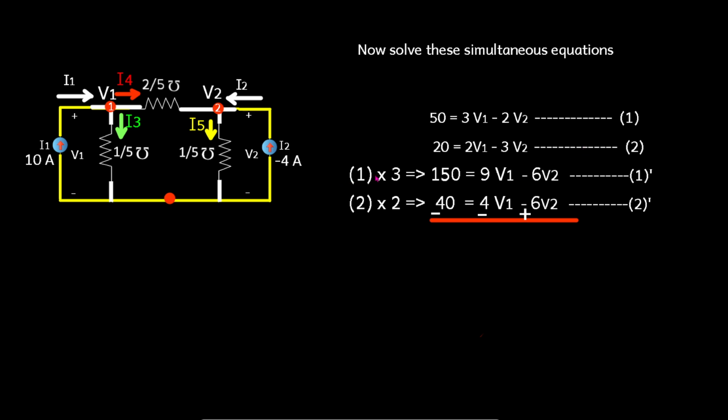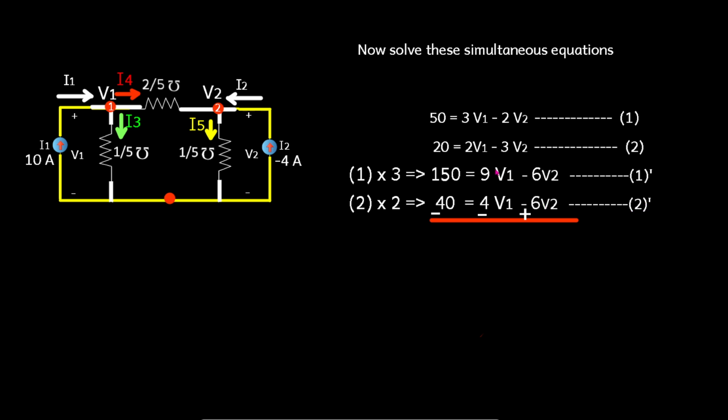Now multiply the first equation by 3, so that you get 150 equal to 9V1 minus 6V2. We take it as first equation prime, the modified form of the first equation. Then multiply the second equation by 2, and we get 40 equal to 4V1 minus 6V2. We take this as 2 prime.